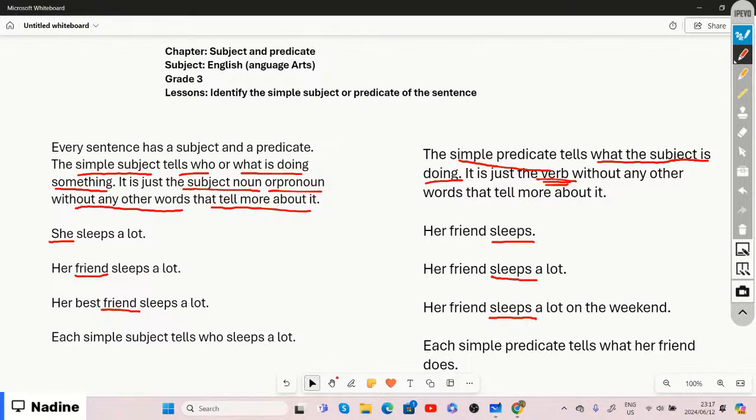But when it comes to a simple subject, right? Then it's only the noun or only the pronoun of the subject that tells us who or what is doing. And then when it comes to the simple predicate, then it is basically only the verb that tells us what the subject is doing without any other details that tells us more about the verb.